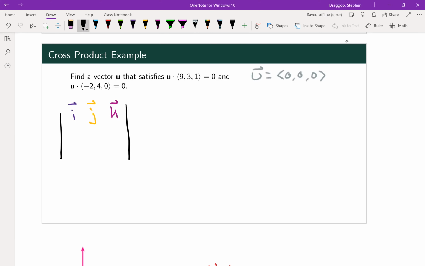Okay, so we'll start by setting up our determinant, and it doesn't really matter which one. Well, it does and it doesn't matter which one we list first. But let's do 9, 3, 1 on top, negative 2, 4, 0 on bottom.